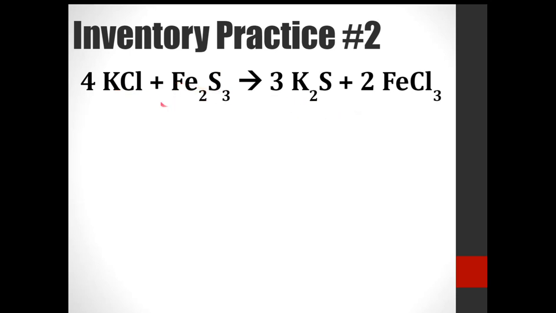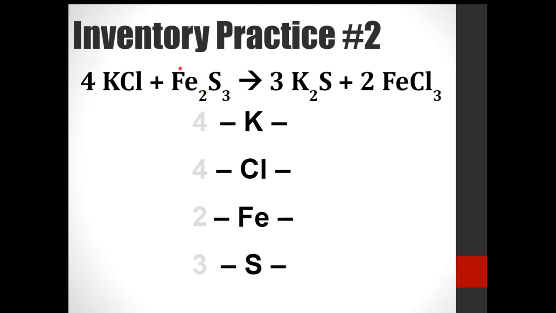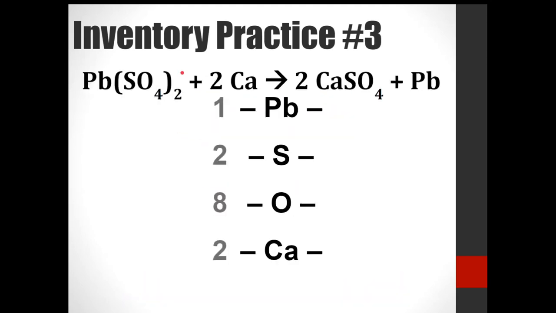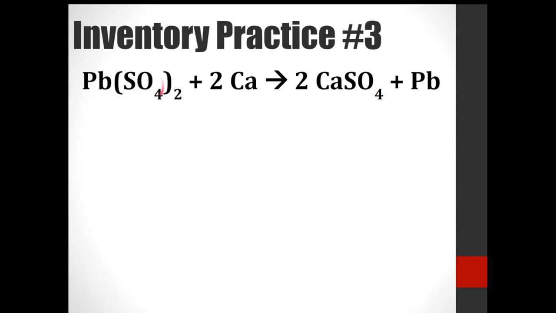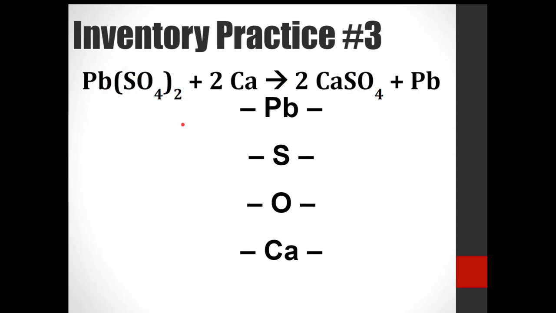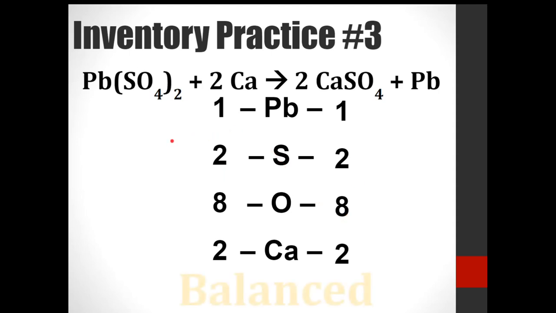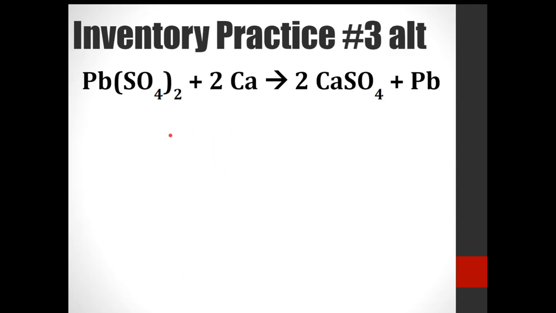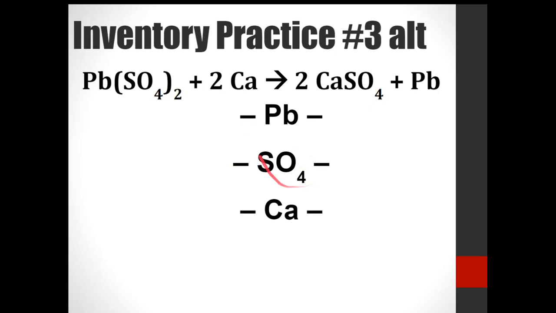So you should try these practices out. I unfortunately want to make sure we get to the end, so I'm just going to click past this because what I want to see is this. When you do something that has got polyatomics, the SO4 and the SO4, you can break them apart if you'd like, and as you see, this would be balanced, or you can keep them together and count them as if they were one thing, because they are.